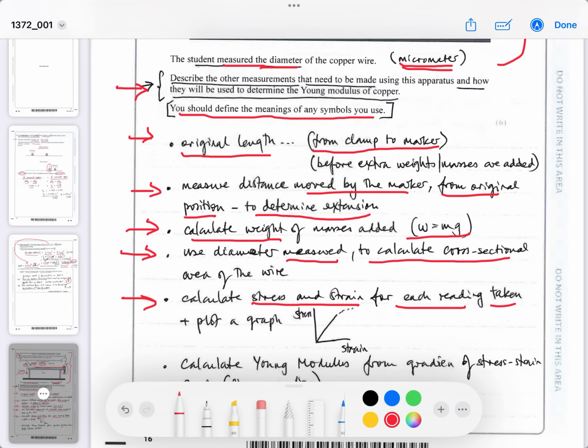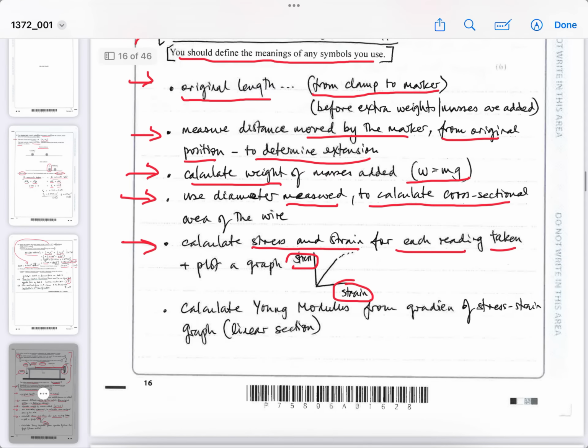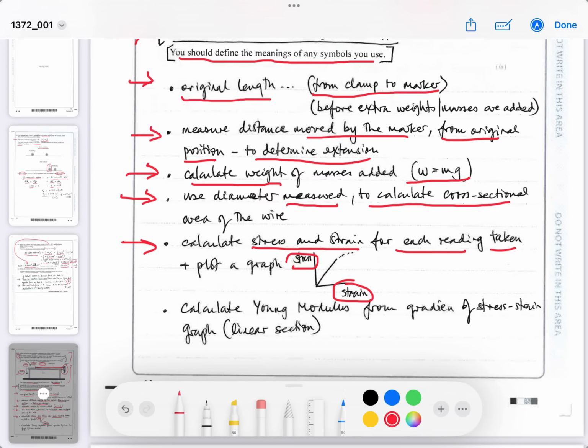It's because you've taken readings of weight and readings of the marker position moving, therefore the extension. Okay, so you want to change the weight, which is force, into stress, and the extension divided by the original length into strain. Because, as you know, to calculate Young's modulus is the ratio, yeah, of stress to strain. So it's the gradient of the stress-strain graph, the linear section.